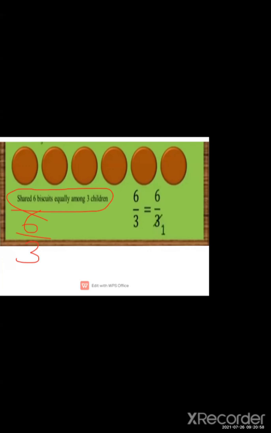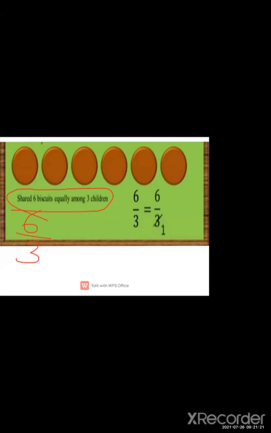Okay, if you are dividing and explaining, then you have to write the total number downside. But if you are sharing or distributing it, then you have to write the total number on the numerator side. Now understood the difference between the two types. Okay, so what is that? That 6 upon 3.